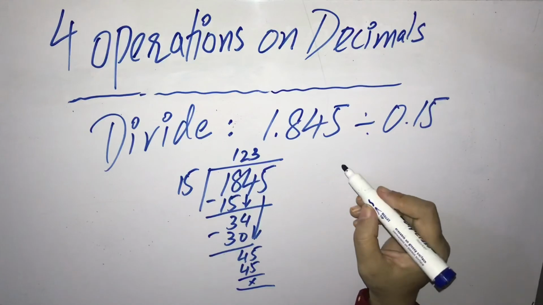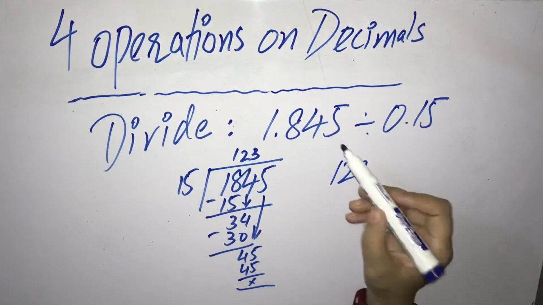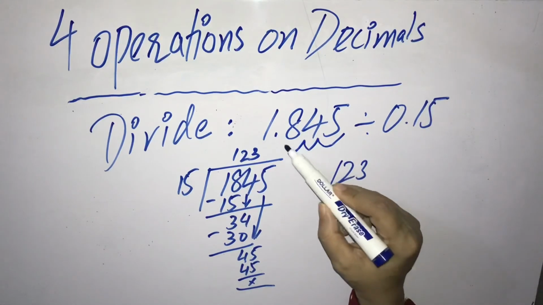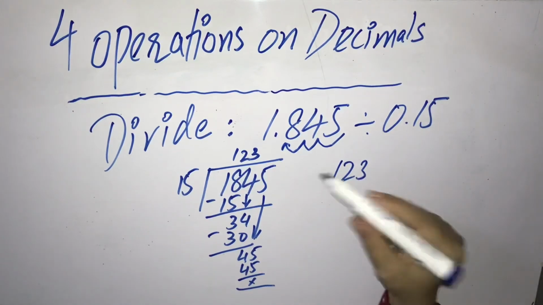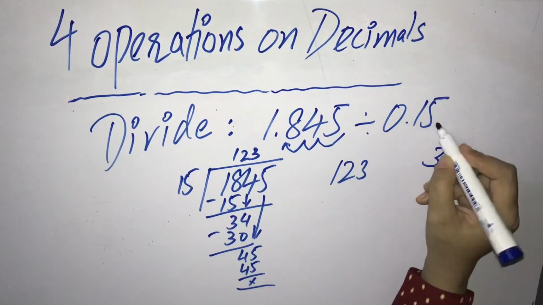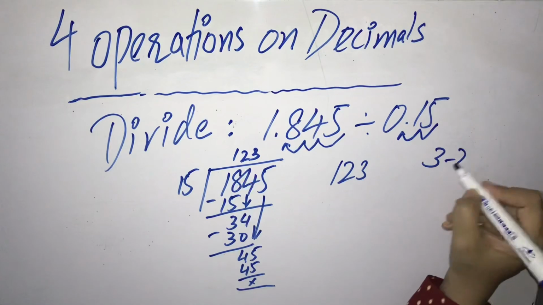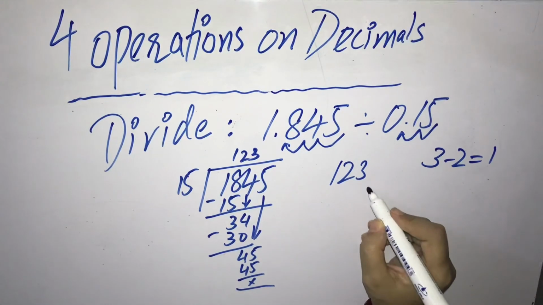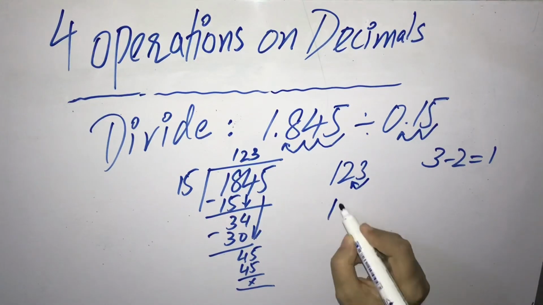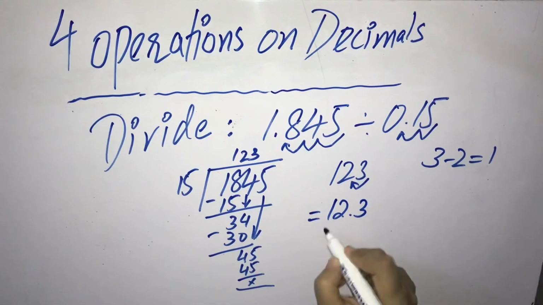My answer is 123. I have 3 decimal places here minus 2 decimal places. So my final answer will be a 1 decimal place number, that is 12.3.